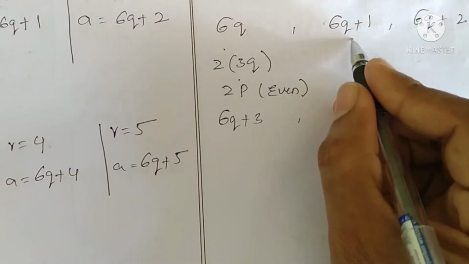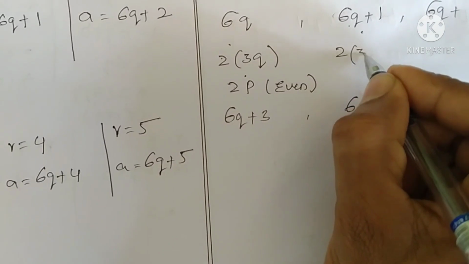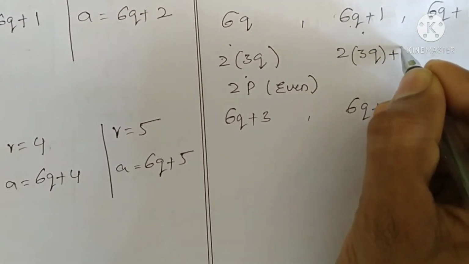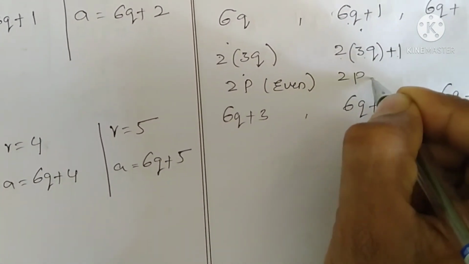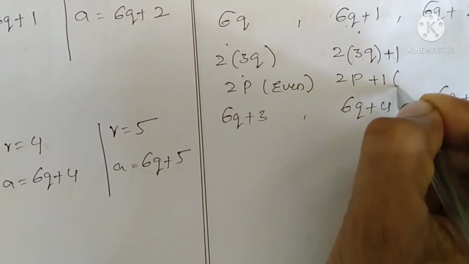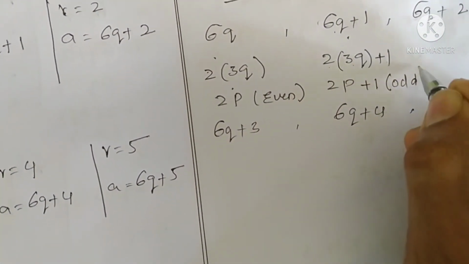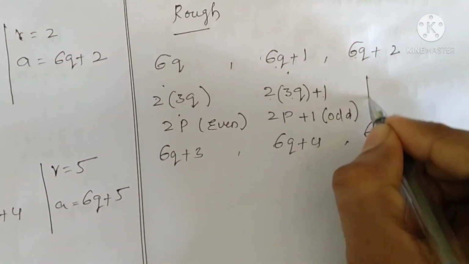Next one, 6q plus 1. Here also 2 is common. So the remaining term is 2 times 3 is 6, so 2 into 3q plus 1. It is of the form 2p plus 1, right? 2p plus 1, it is odd. Now 6q plus 2.